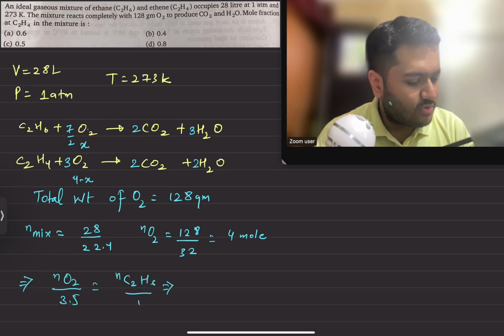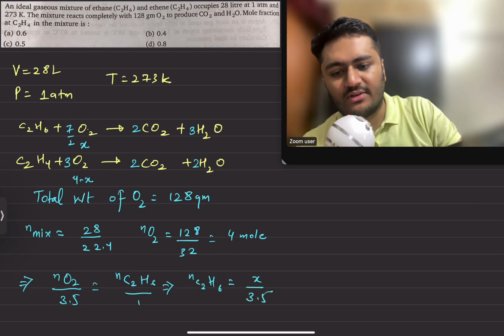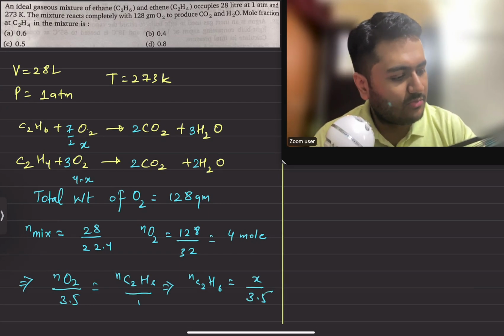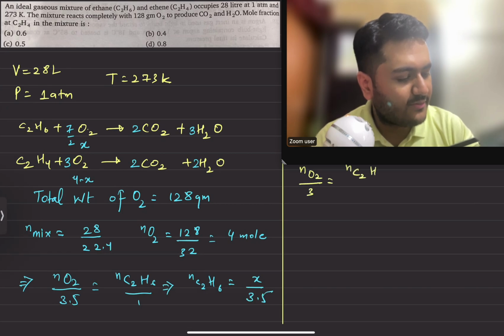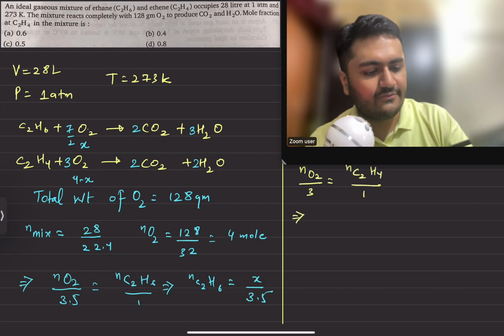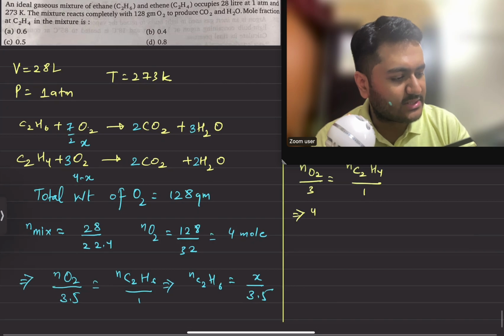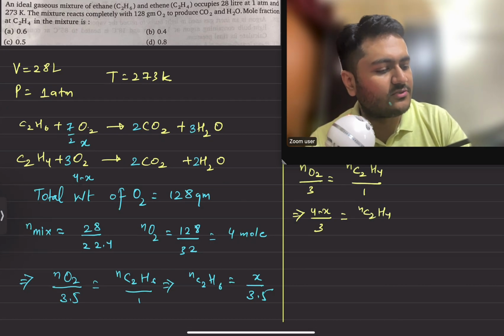So the moles of C2H6 is X upon 3.5. I can write a similar relation where moles of O2 by 3 will be equal to moles of C2H4 by 1. The moles of O2 in this case is 4 minus x, so 4 minus x upon 3 is equal to moles of C2H4. So we have got the moles of C2H4 also in terms of x.